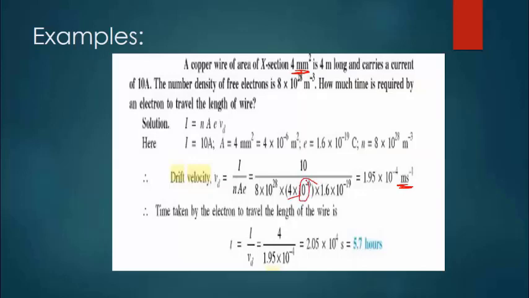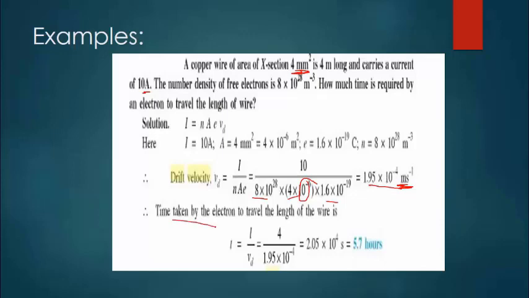Times 10 to the power negative 6 is to convert this into meters squared. Again, we have electronic charge, and we have the density, it's in SI units, there is no problem. And we have our current as 10 amperes. So you put in the numbers, you get the answer 1.95 times 10 to the power negative 4 meters per second.